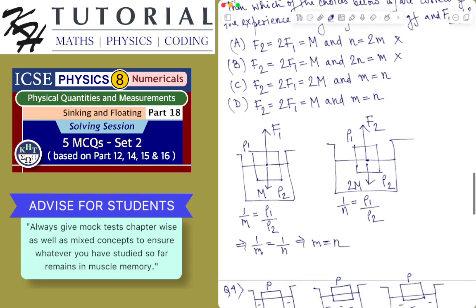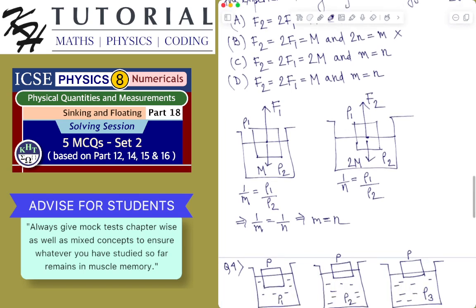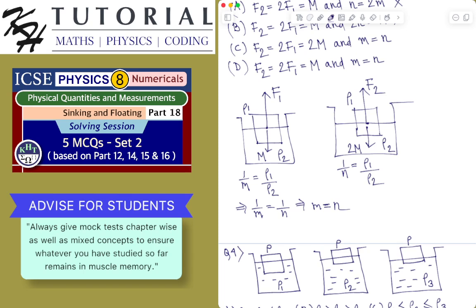Let's see what we can say about F1 and F2. Now in both the cases the body is floating, which means that the buoyant force will be equal to the weight of the body. So clearly we will have F1 is equal to m for the first case, and for the second body we will have F2 is equal to twice m.